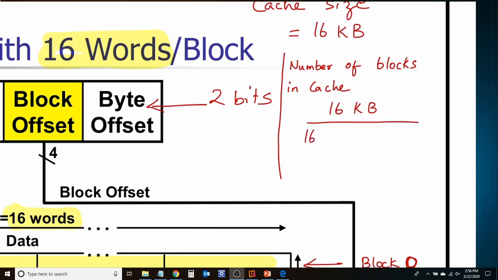In this case we have 16 words per block, and then each word is 4 bytes, so 4 bytes per word. So if we do that, we are going to be getting the number of blocks, which in this case should work out to be 2 raised to 8, which is about 256 blocks.